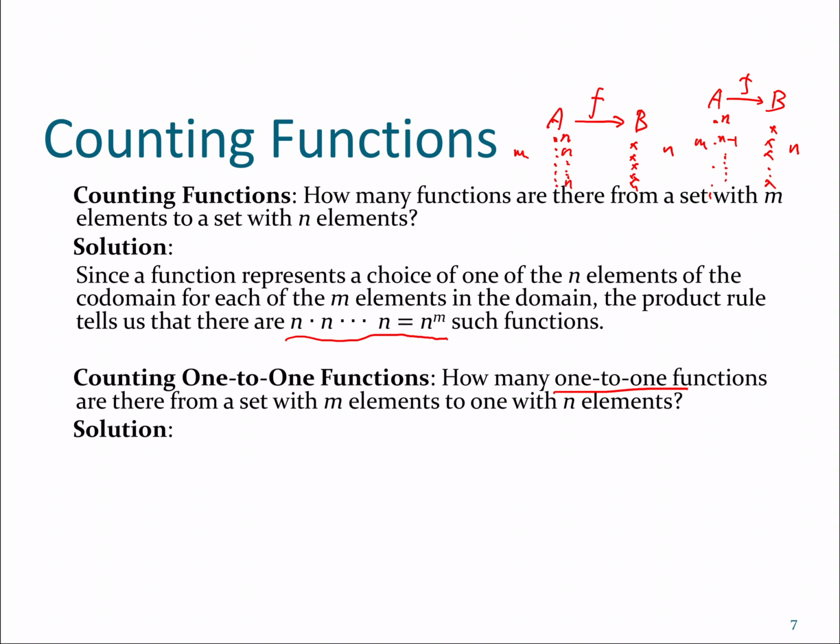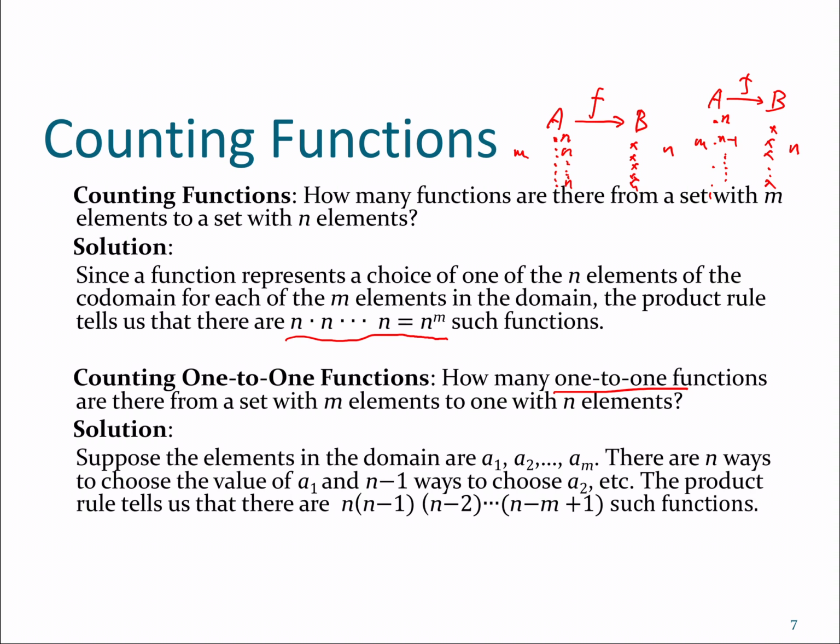So then we can multiply the numbers together. So the answer is the first element has n choices, next n minus 1, n minus 2, until n minus m plus 1. And we assume that n is greater than m.